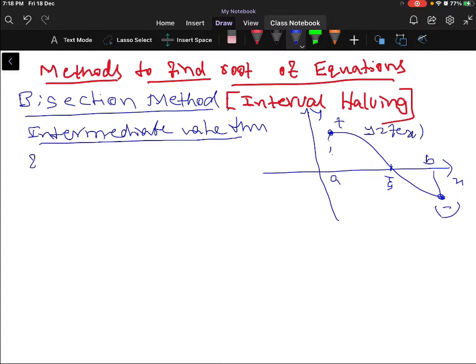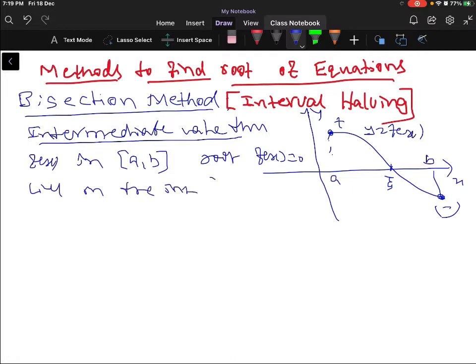Let us assume that f of x is continuous in the interval ab, and suppose a root of f of x equal to 0 lies in the interval ab, such that f of a into f of b is negative.